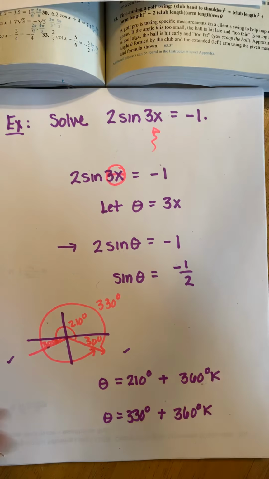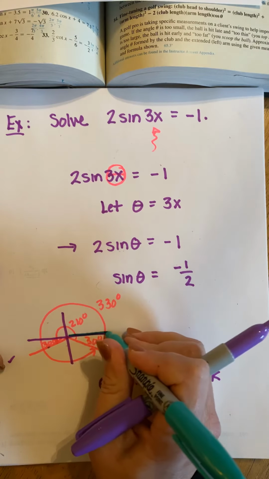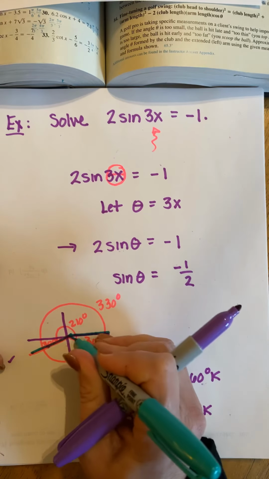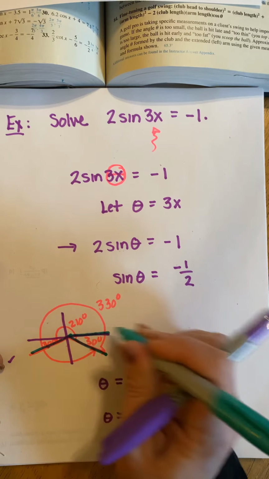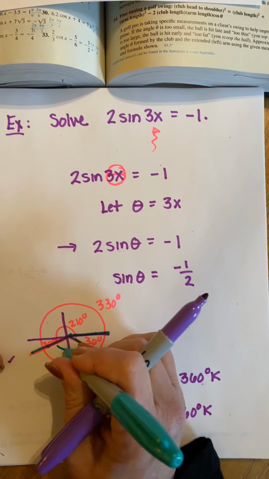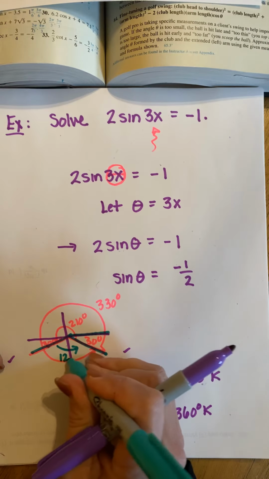Now we look to see if we can condense this, and this is a good example to show that it doesn't always work out. Here's my initial side of my angles. Here's the first terminal side. Here's the second terminal side. And if I look at how we can get from one terminal side to the next, the difference between here and here is 120 degrees.